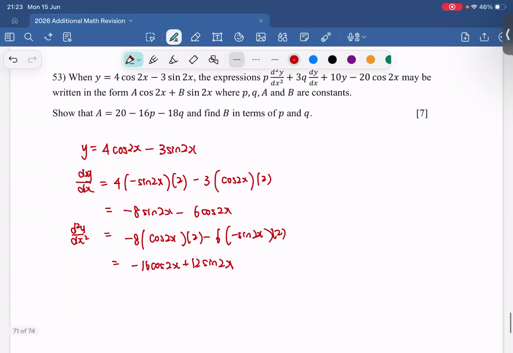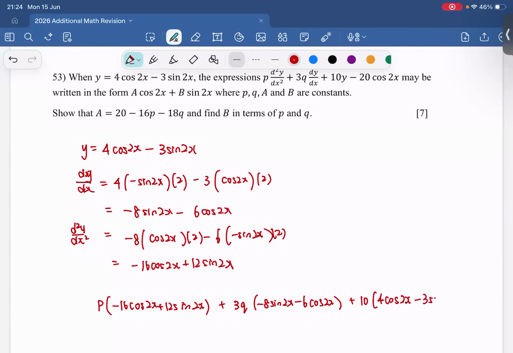Okay, now what do we do? We sub into this equation. So p d2y/dx^2 plus 3q dy/dx plus 10y, minus this.